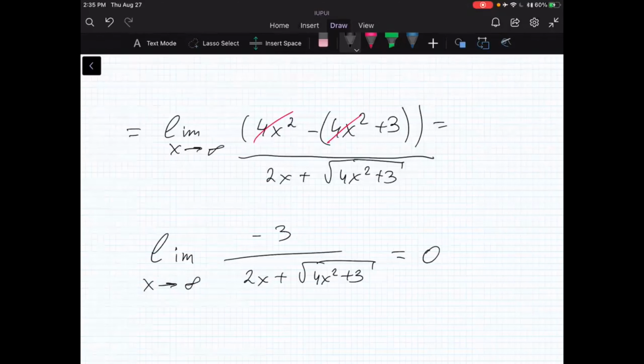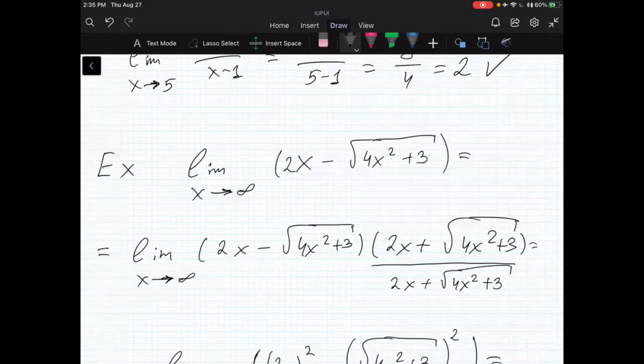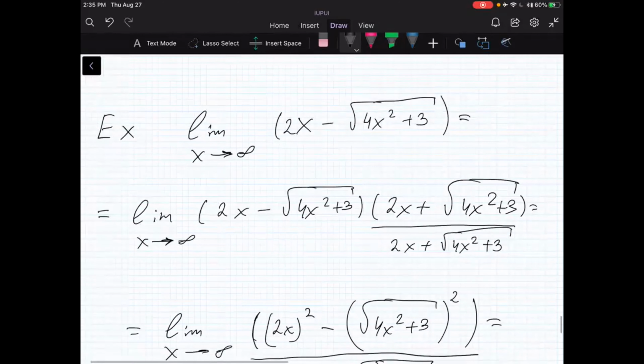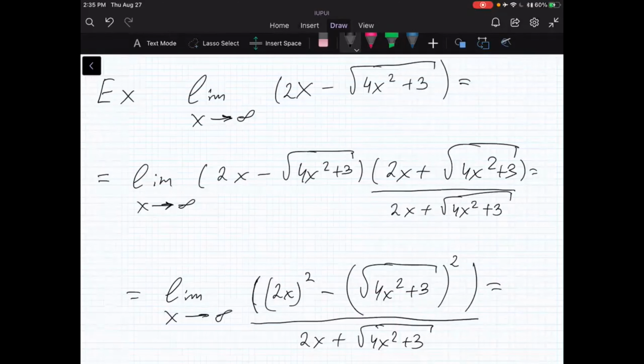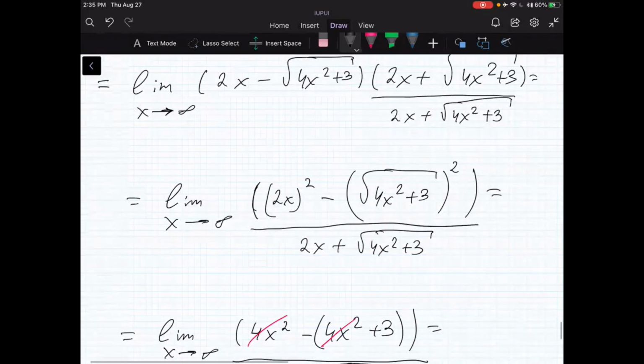Yes, so my mistake was that when you multiply by something, you should divide by the same expression if you want the equality sign here. Otherwise, you just obtain something different.